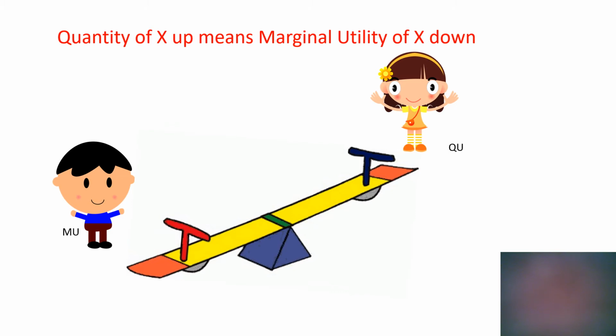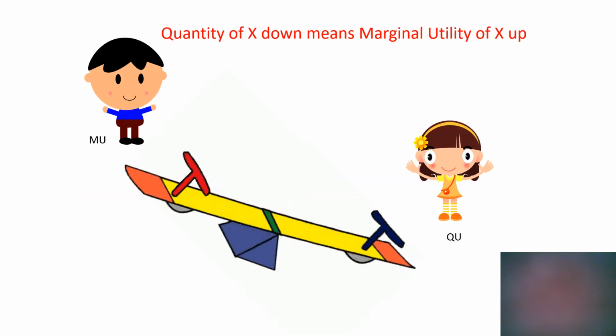If the quantity of X is up, that means that the marginal utility of X will be down. If the quantity of X is down, that means the marginal utility of X will be up.